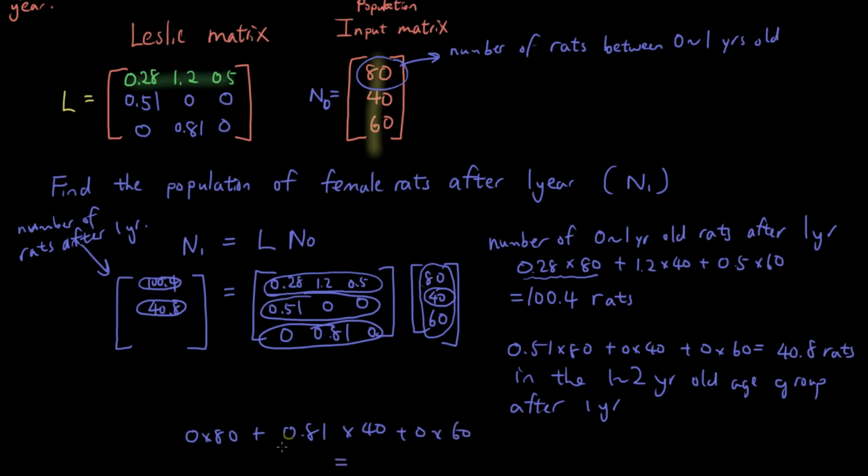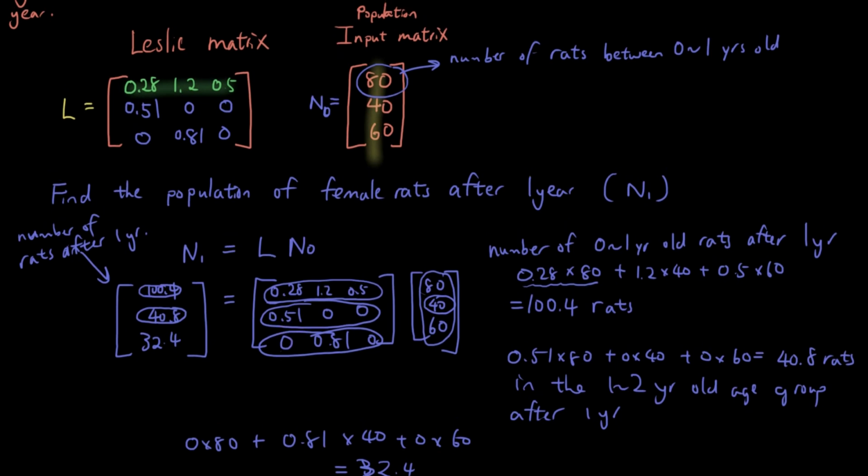So we will essentially only calculate the middle bit here. So that gives us 0.81 times 40, which is 32.4 rats in the third age group after 1 year.